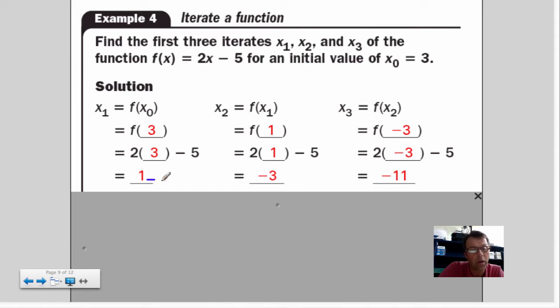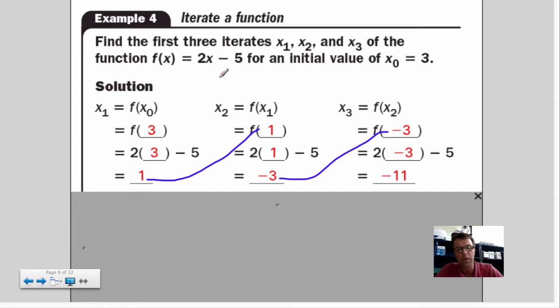And then how do we go to the next one? We plug 1 back into the function. 2 times 1 is 2, minus 5 is negative 3. Then we take negative 3 and plug it into the function. 2 times negative 3 is negative 6. Negative 6 minus 5 is negative 11. And you just keep going round and round, right? You just keep plugging the answer back in, back in.